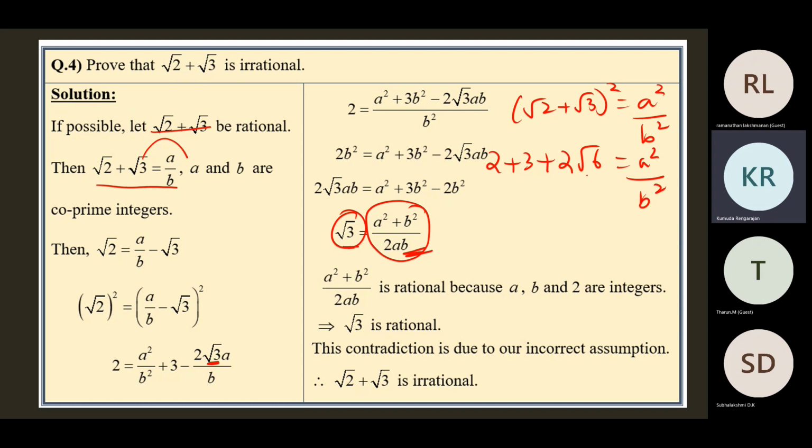Now the difficulty is we don't know. We know that root 6 is irrational, but we don't know that as a theorem. We have only proved that root p, where p is a prime number, is irrational. Theorems for root 2, root 3, root 5, root 7, root 11.